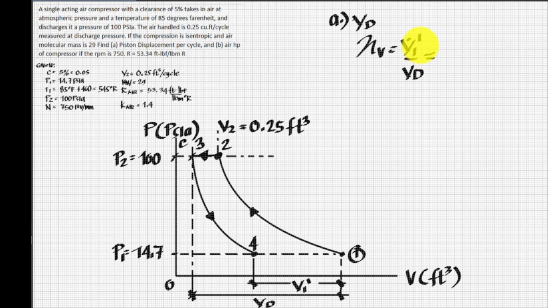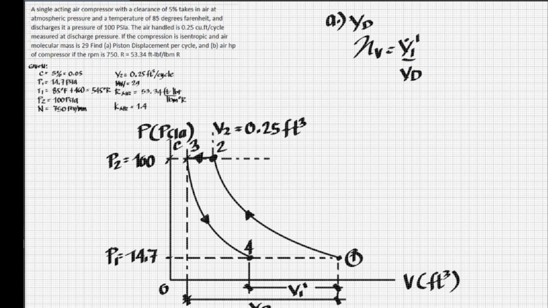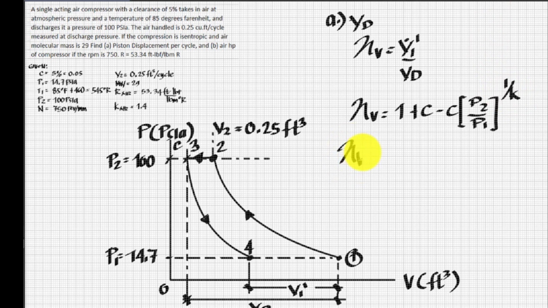Now, to solve the volumetric efficiency, we have the equation: that is equal to 1 plus the clearance, minus C, multiplied by the ratio of pressure 2 over pressure 1, raised to the exponent of 1 over K. Okay. So to get the volumetric efficiency, just substitute the values here.